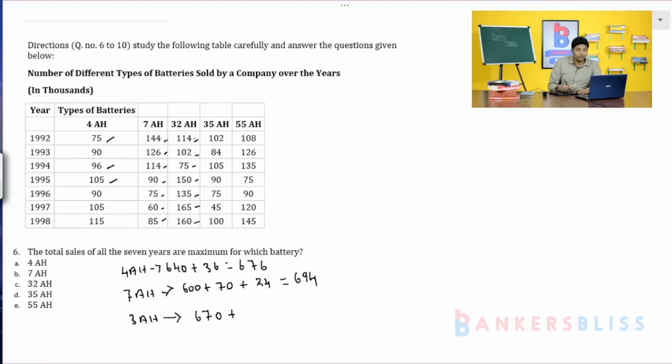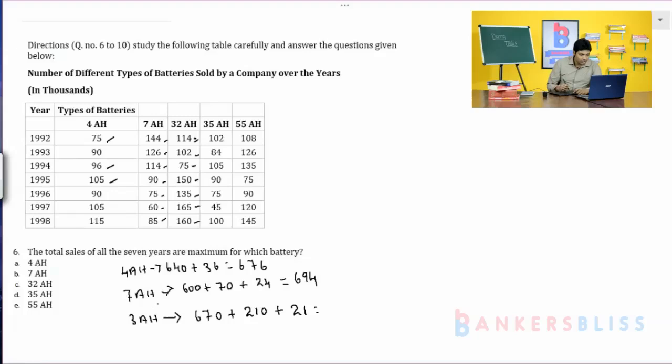Next in this 114 you consider 14, otherwise you consider only 10. Next 50, 60, 60 plus 30, 90, 90 plus 60, 150, 150 plus 60, 210, 210 plus again, see here 4 plus 2, 6, 6 plus 5, 11, 11 plus 10, 21.